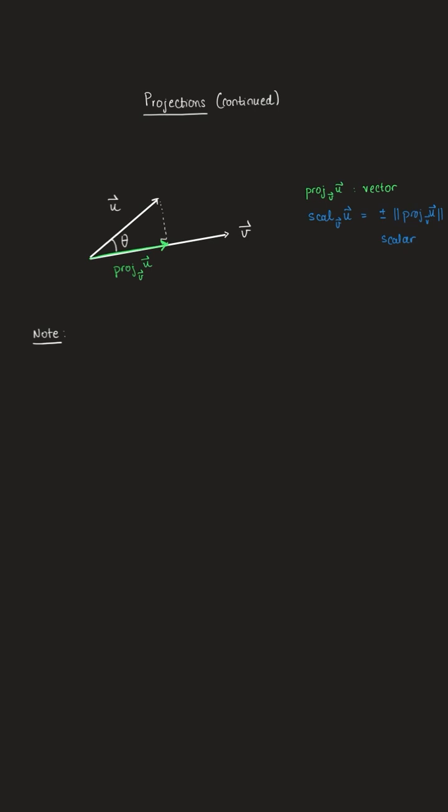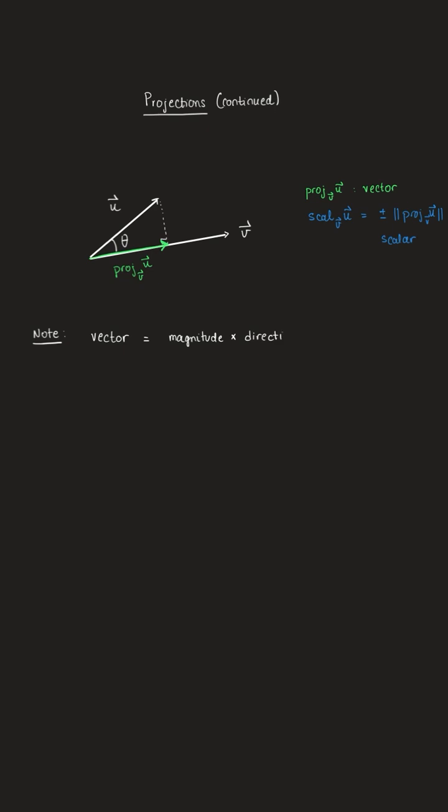Okay, before we find the formulas for both, I want to make a note for vectors in general. So in general, a vector, by definition, is a quantity that has magnitude and direction. And we can always write a vector v as the product of its magnitude times its direction.